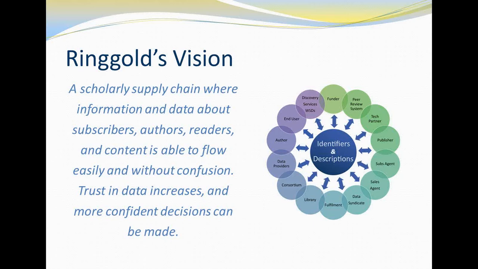We were founded about 10 years ago, and our cornerstone service is the Identify database. That's what most folks know us for. What we aim to do is provide publishers and intermediaries quality, well-structured information about institutions and content that is part of the scholarly supply chain, and provide that information in a way that reduces friction.